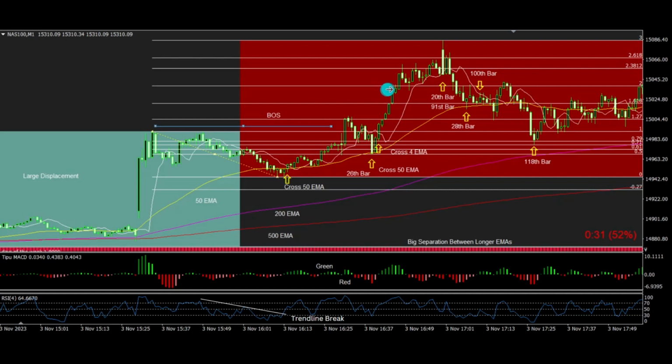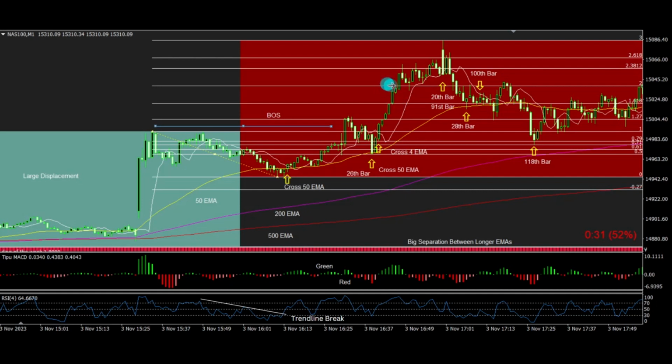And then when price reaches the 2 level, we are at 1, 2, 3, 4, 5, 6, 7. This might be a consideration because after 7 bars, price may retrace back to the 4 EMA.